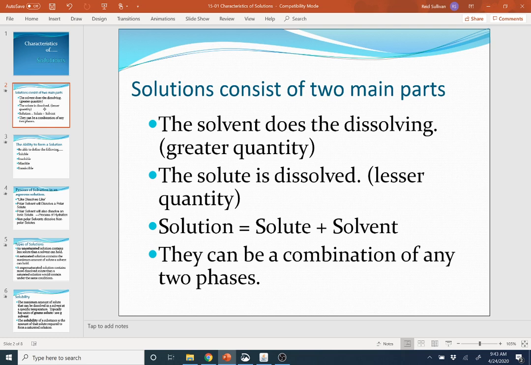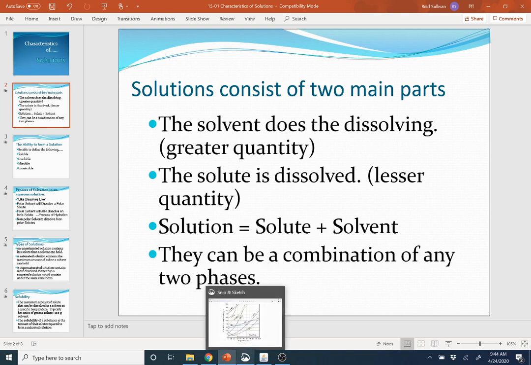So we call that the solute. And then for the thing that is doing the dissolving, we call that the solvent. Solute is kind of a fun word to say, but that's the idea. If we have a mixture, usually a liquid mixture, we call that a solution when the solute dissolves in the solvent.